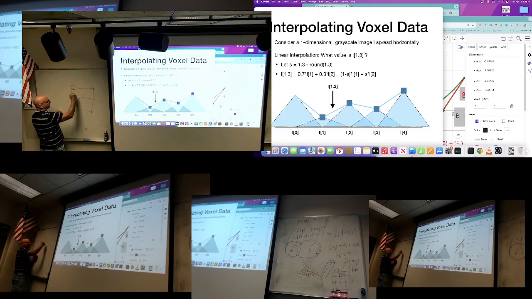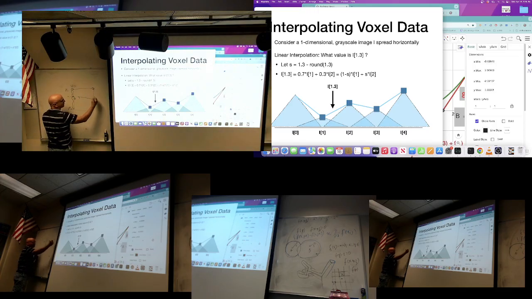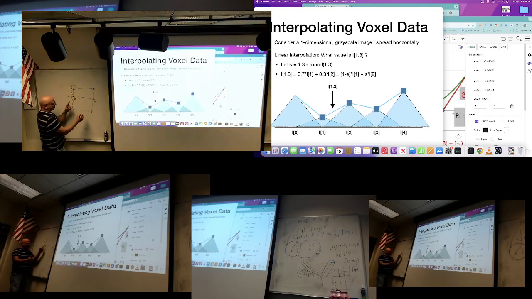You do a linear interpolation between P1 and P2 to get a linear interpolation at Q left. You'll do a linear interpolation between these two values to get the linear interpolation at Q right, and on top of it you interpolate between Q left and Q right to get the value exactly at Q.